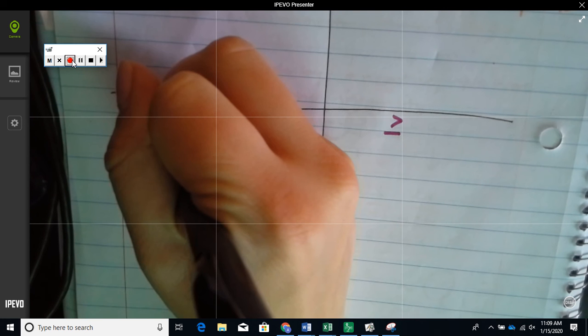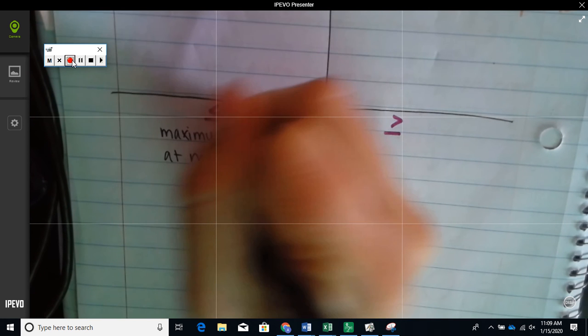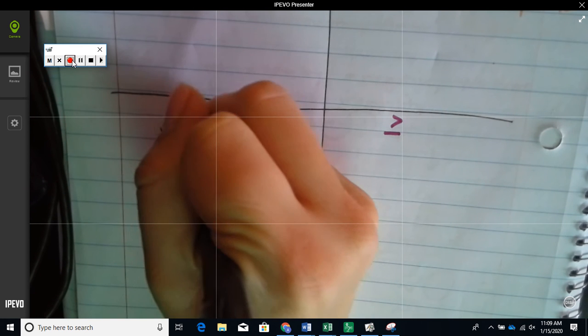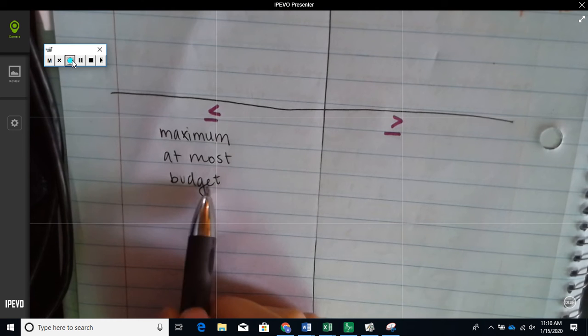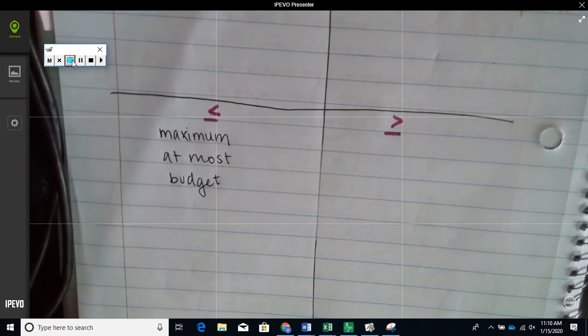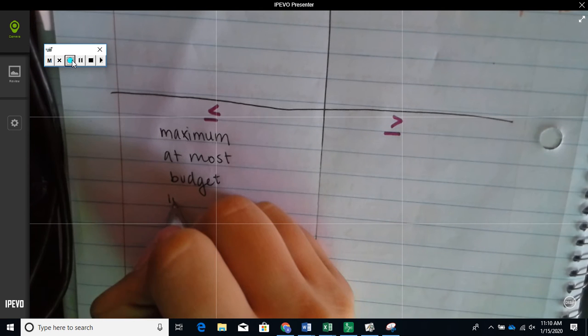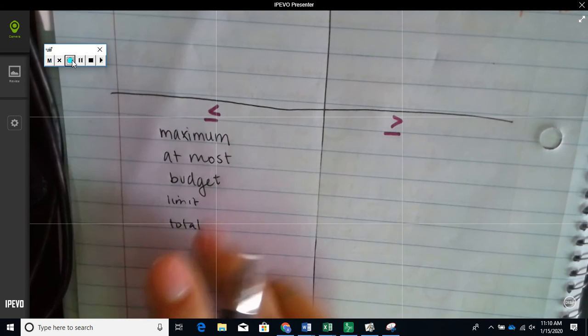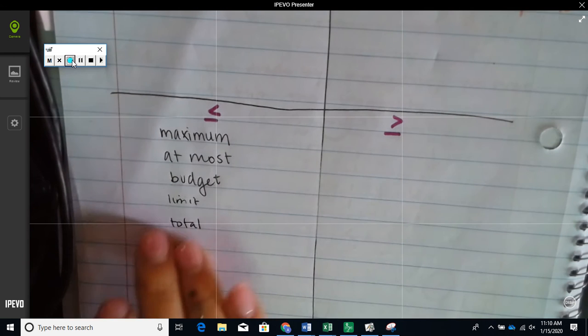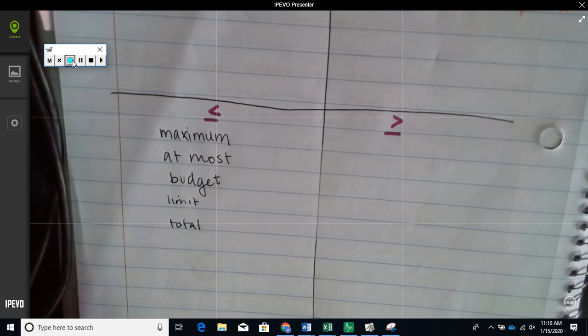At most, and something like a word that would mean the same thing as a budget. This total amount of money you have, or this is the limit. Like a budget, that's the most that you can spend. Limit, a total, that's how you know that you have to spend under that amount.